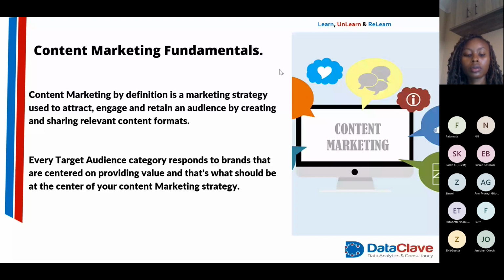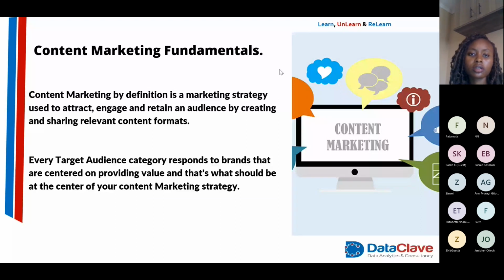The main role of content marketing is to attract, engage, and retain an audience by creating and sharing relevant content formats. It can be video, it can be social media posts, it can be blogs, it can be articles, it can be newsletters, among other content formats. Maybe you can look at the different content formats that are out there.